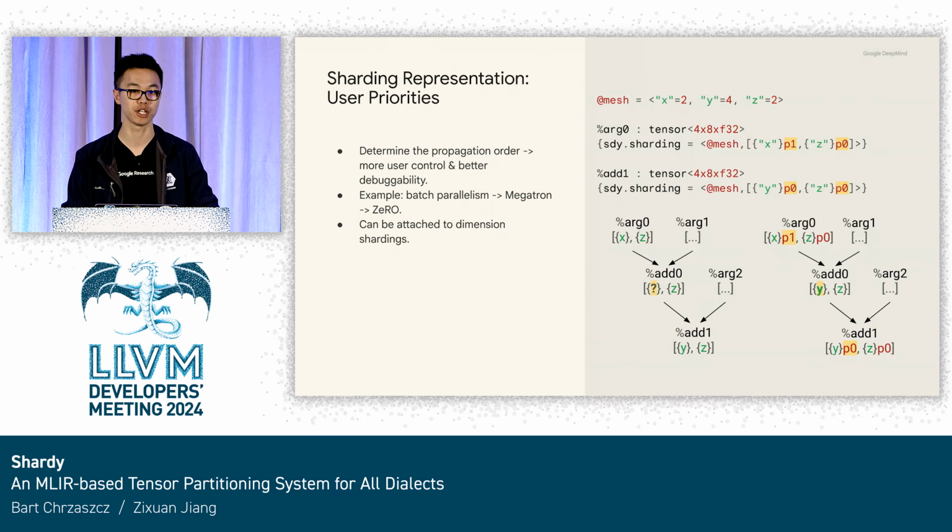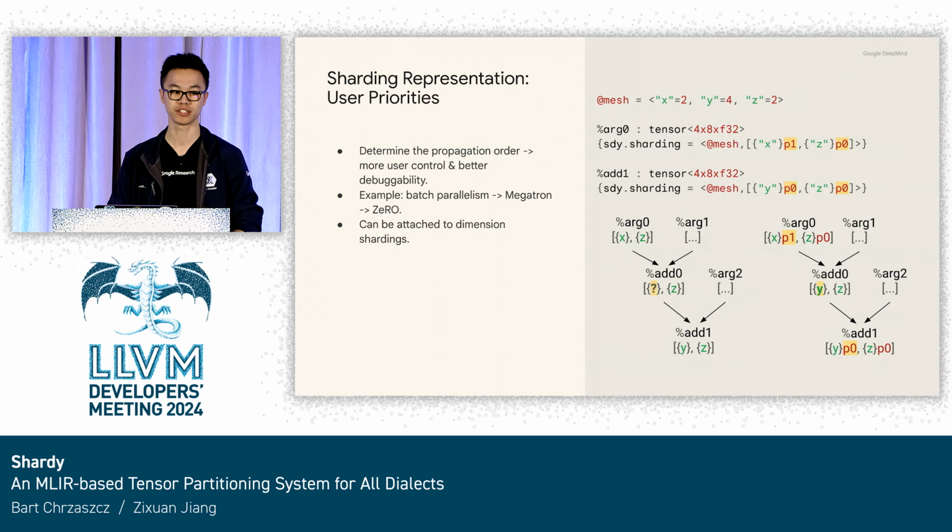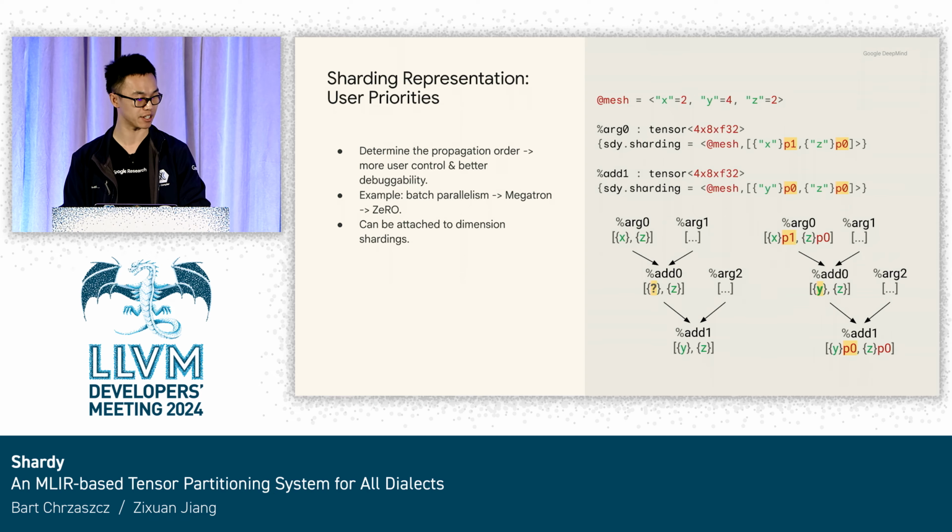For example, it's easier to implement batch parallelism at the highest priority, and then Megatron sharding followed by the ZeRO shardings. And this priority can be attached to the sharding annotations as shown in the example on the right. We just attached P0 to the specific sharding annotations, which demonstrates this sharding has the highest priority to be propagated.